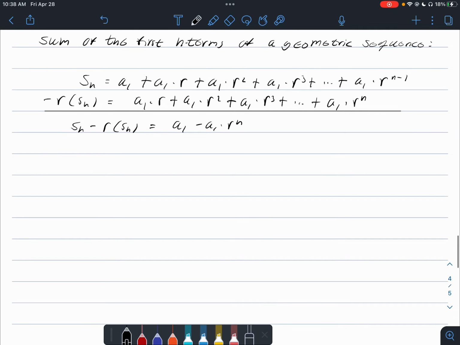Okay, so now we can solve for S sub n. We can factor out an S sub n on the left side here, and we'll have S sub n times 1 minus r, and then we can factor out an A1 here, so this will be A1 times 1 minus r to the n. Now we can divide both sides by 1 minus r.